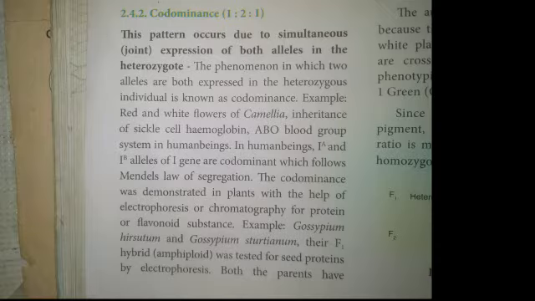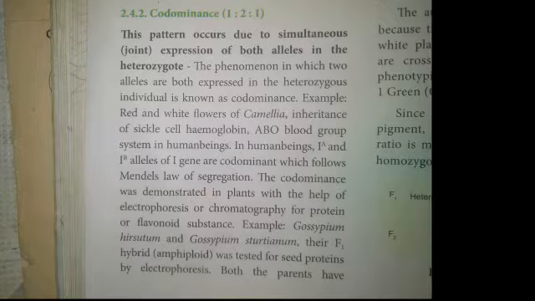As a result, the phenotype of the offspring is a combination of the phenotypes of both the parents. So it is the phenomenon in which two alleles are both expressed in the heterozygous individual, known as codominance. Here the combination of both the parent phenotypes occurs. No one parent is dominant over the other.